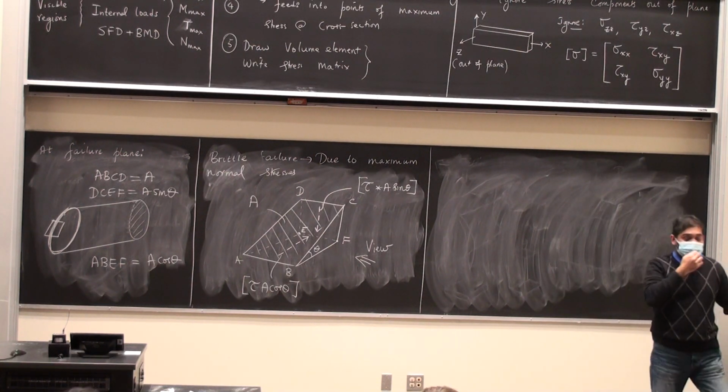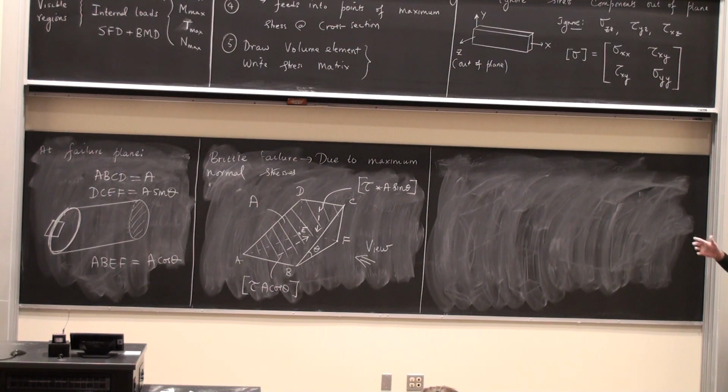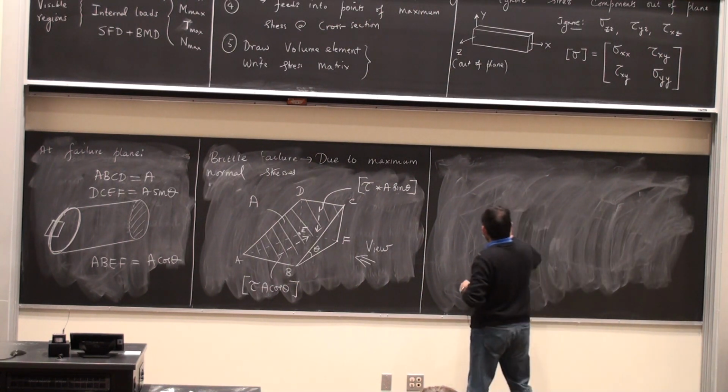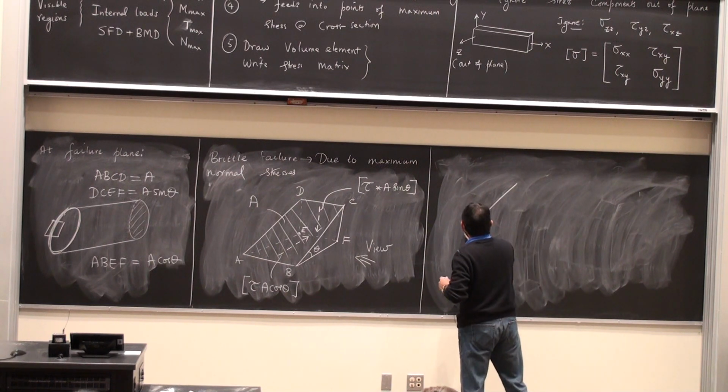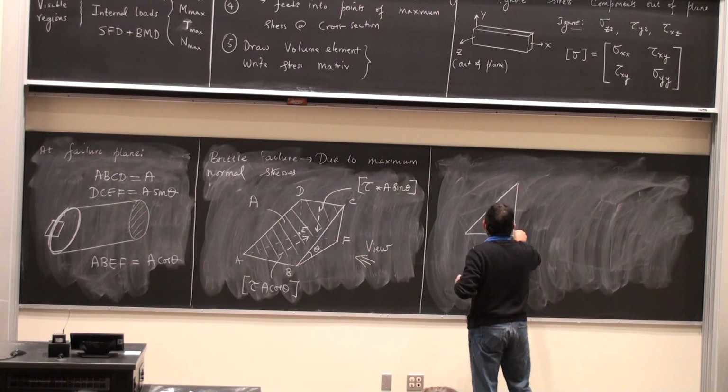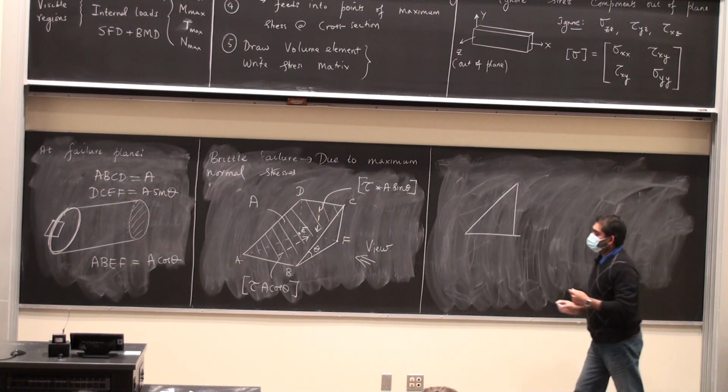Bear with me, you'll see where we are heading with this one. I'm going to draw the view, a triangle. So let's call this B, F, and C.